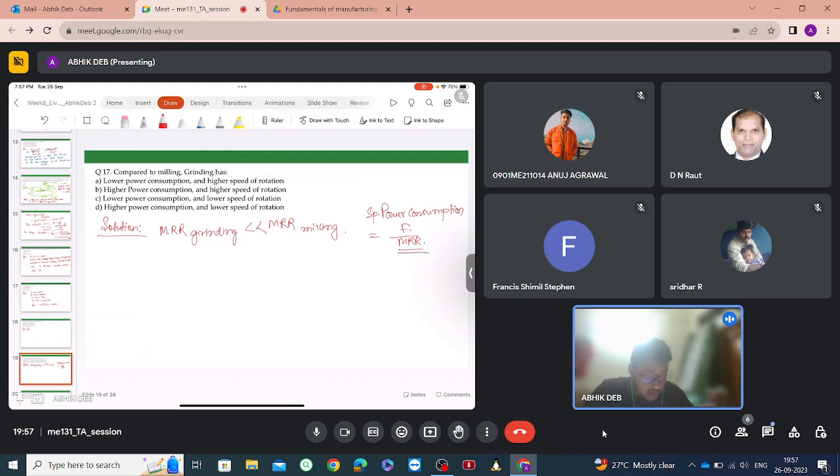So the specific power consumption for grinding will be much higher than the specific power consumption for milling. So this is one, and the speed of rotation in grinding is always higher than milling. So which one is the correct option?